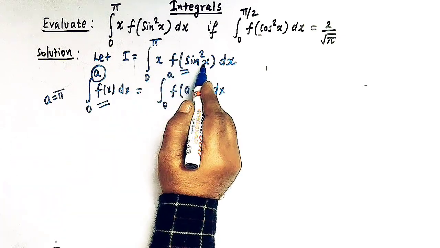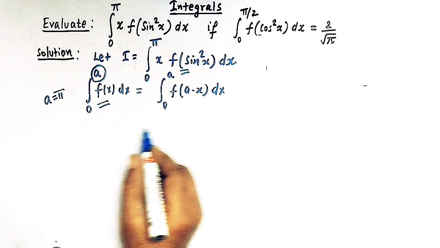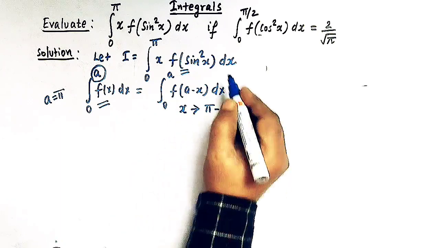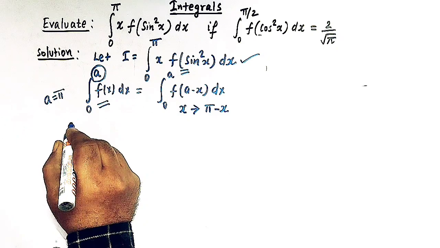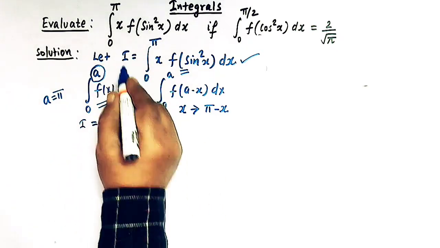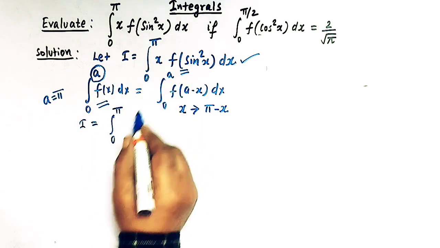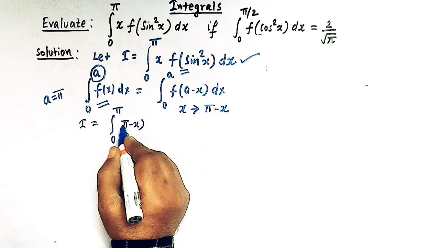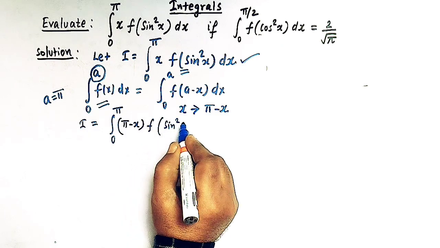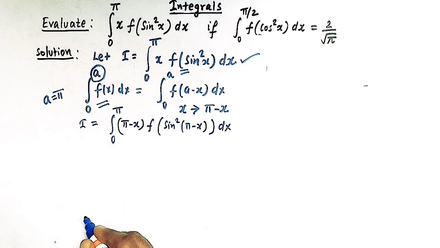So let us replace these x by a minus x, and a is pi. So let us replace x by pi minus x in this integral. So we have now I is equal to 0 to pi, and this x is pi minus x, and then we have f of sine square pi minus x, and here we have dx, right?